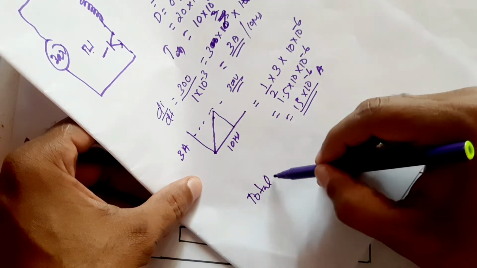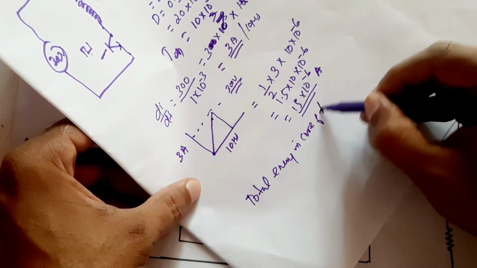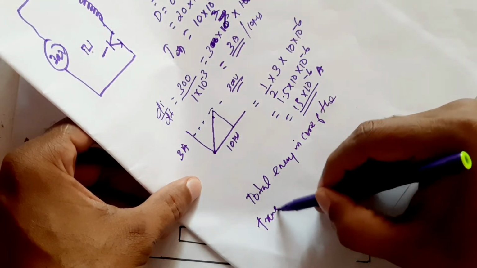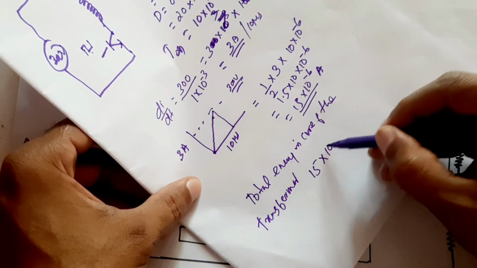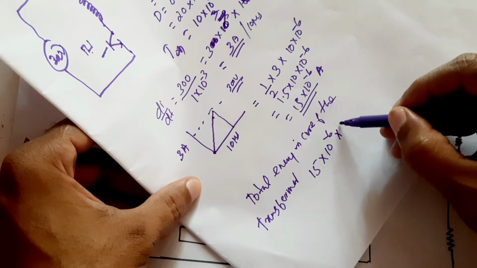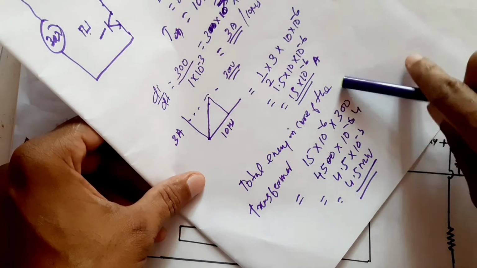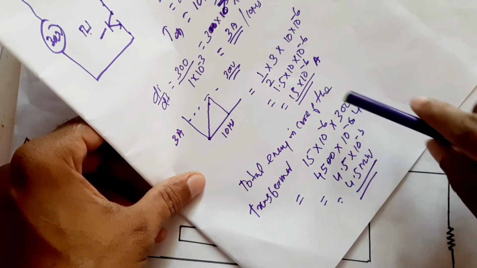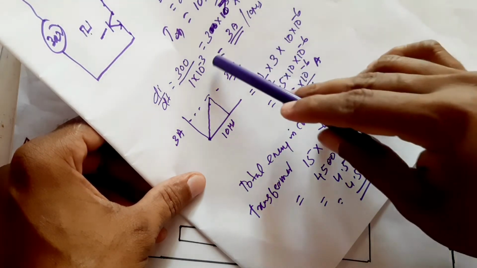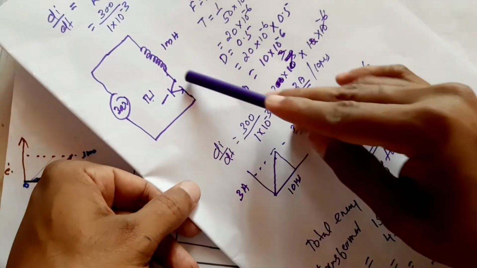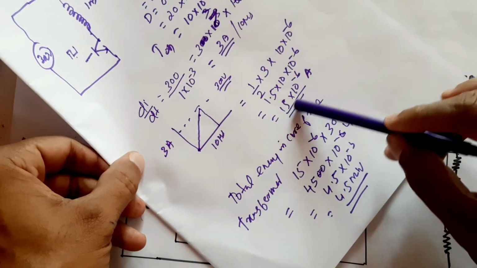Total energy in the core of the transformer: each electron possesses 300 volts. If we select a 1 millihenry inductor, the current would reach 3 ampere and the average current will be 15 microampere.